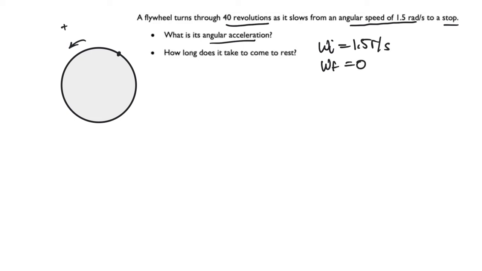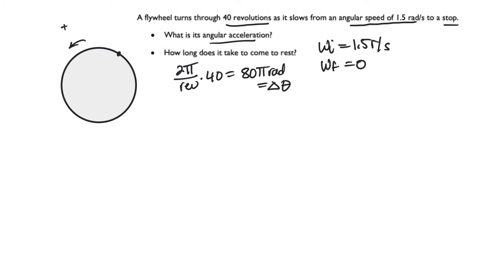Omega final is 0. Now, I'm not totally told my delta theta. I'm told that it goes through 40 revolutions, but remember there's 2 pi radians per revolution. So times that by 40, I get 80 pi radians equal to my delta theta. Sometimes you'll have to figure out the delta theta if you're given it in terms of revolutions.